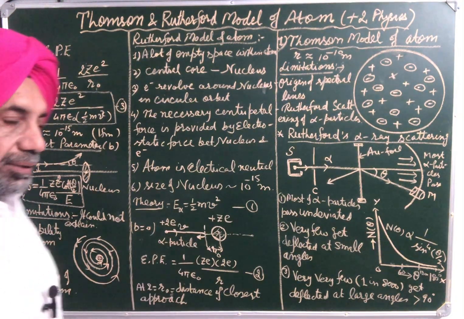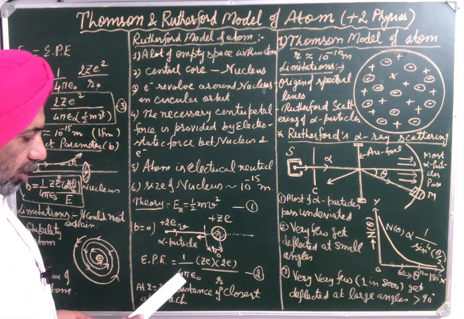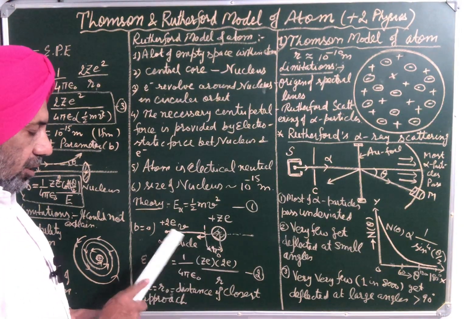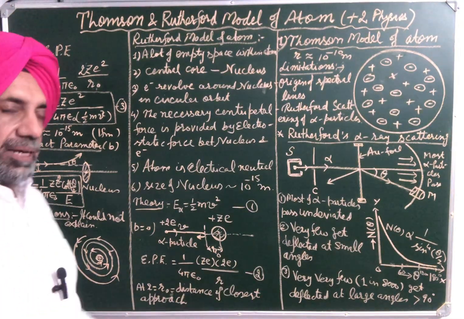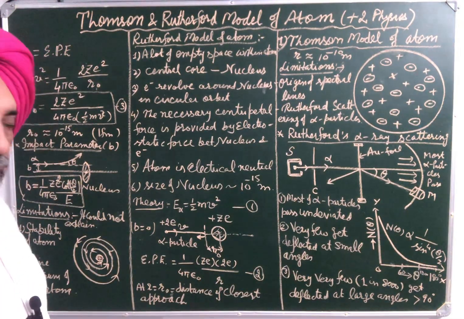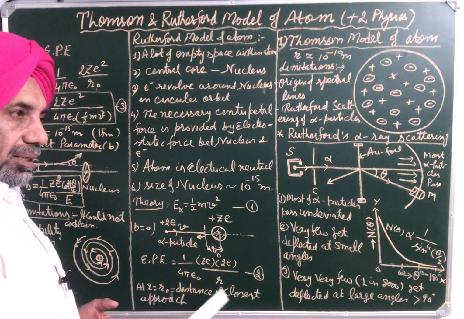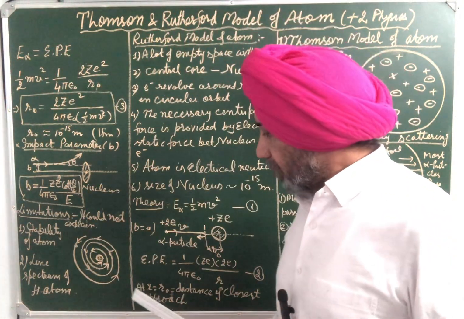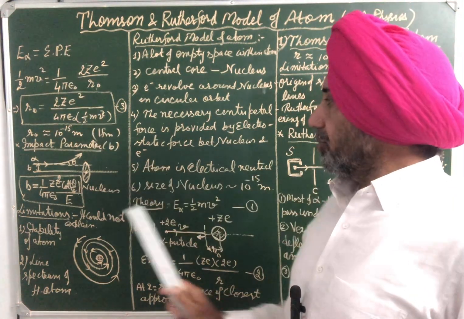The electrostatic potential energy between two charges is, by definition, 1 upon 4 pi epsilon naught q1 q2 over r, where q1 is Ze, q2 is 2e, and r is the distance from the center of the nucleus. At r equal to r naught, the distance of closest approach, this electrostatic potential energy becomes equal to the kinetic energy of the alpha particle.